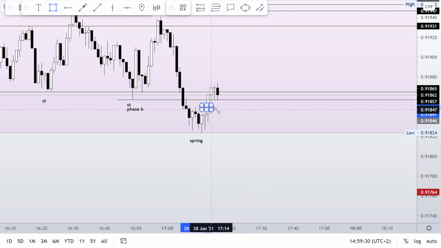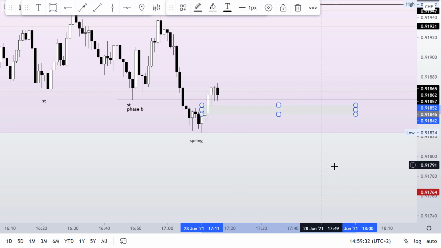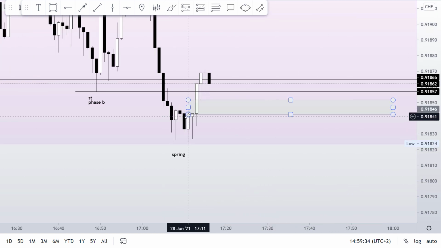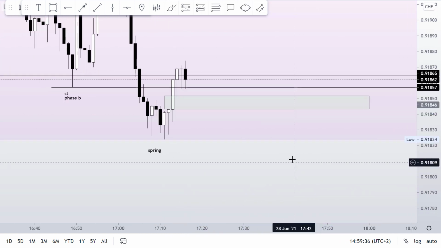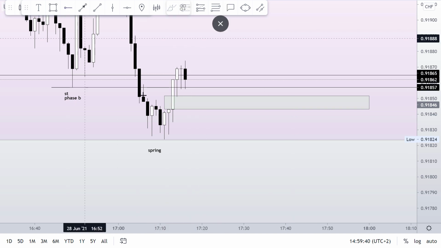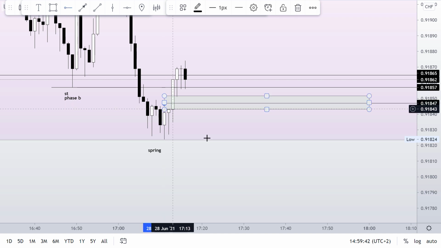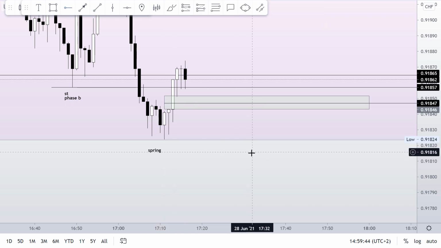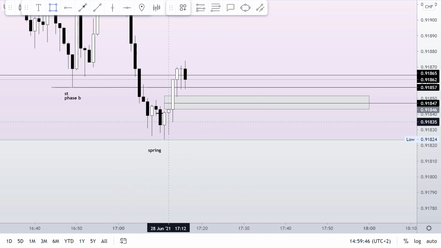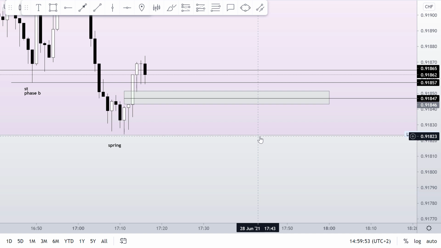Now I can see this imbalance on the 1-minute chart right here. Let me draw it perfectly. When price developed, I decided to place my pending order in the middle of this imbalance. We also have our last order block, which you can draw from here, for example, this last down candle before the up move.